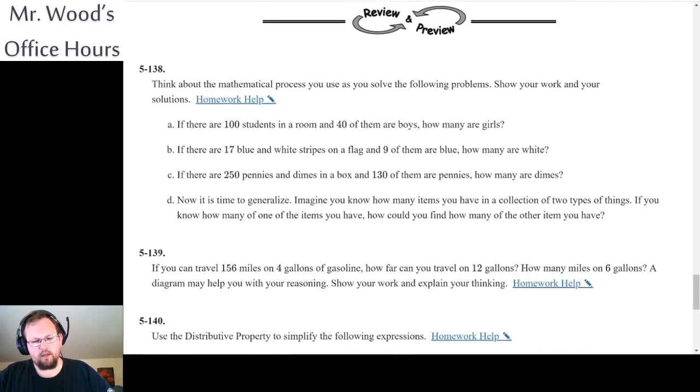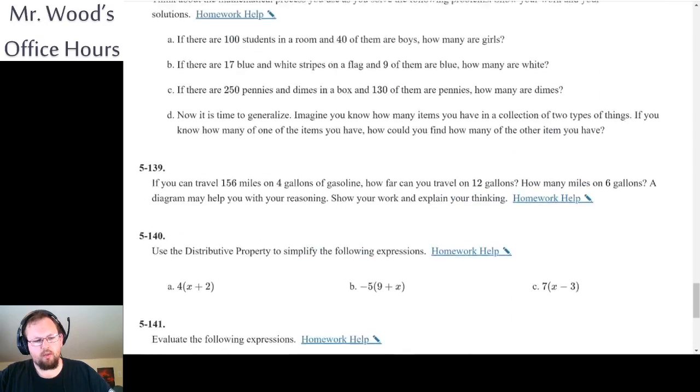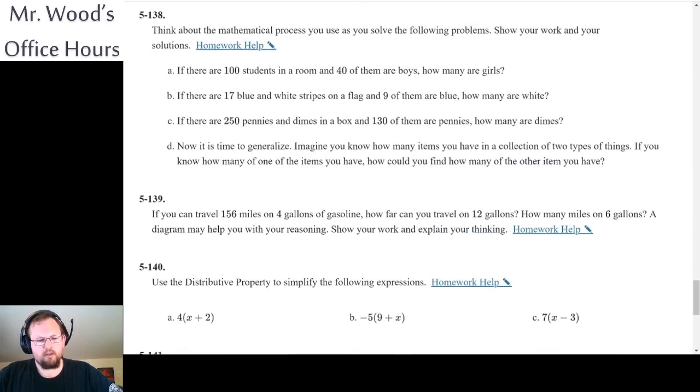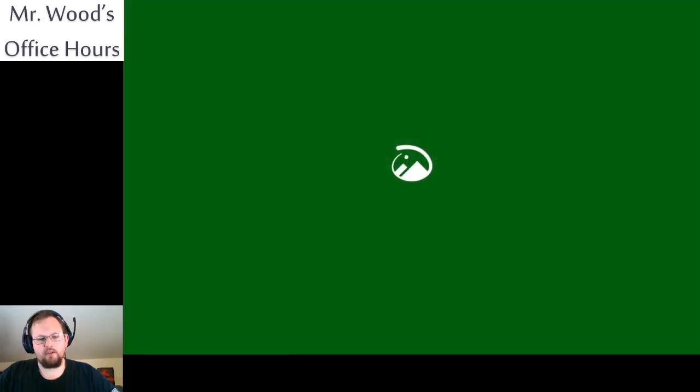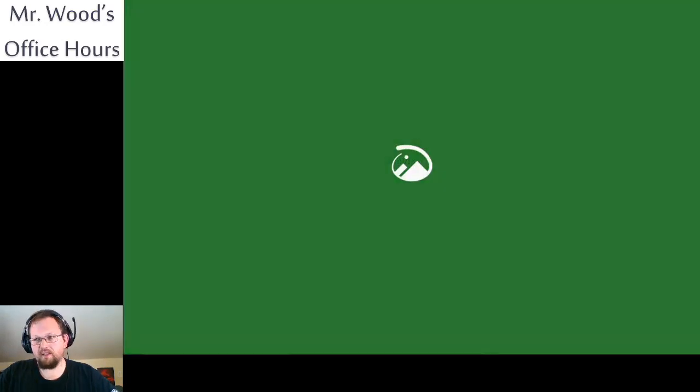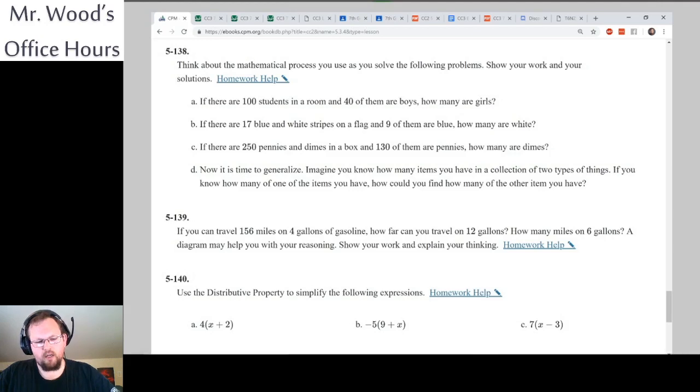So in this one, 5-138, part D was a very general sort of question. Specifically, it didn't actually give you any numbers and wanted you to basically make a statement. So if you looked at these first questions and you started with this bit that says there's 100 students in a room, 40 are boys, how do you figure out the number of girls?